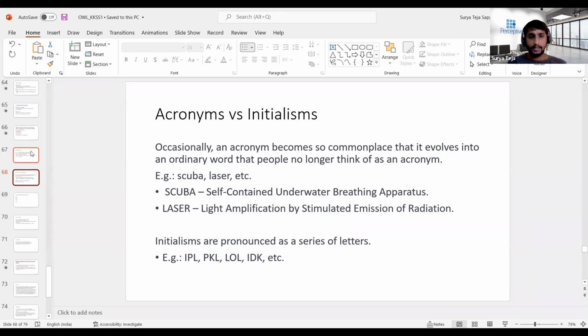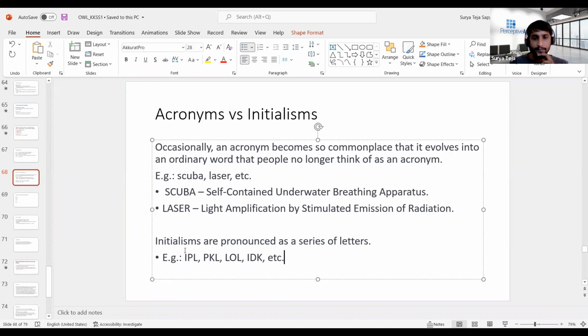Whereas other things are very much formal in nature. And the primary difference, in my understanding, is the person who originates it. From there, it starts by calling it IPL or PKL leagues. In the case of formal usage, acronyms are used. In the case of informal things, initialisms are used. That is the difference in that way. Okay.